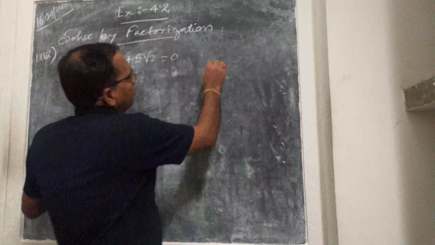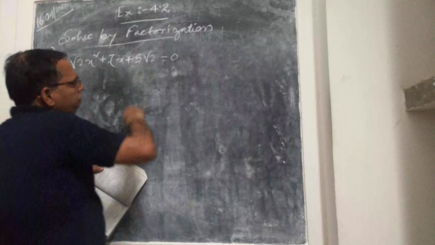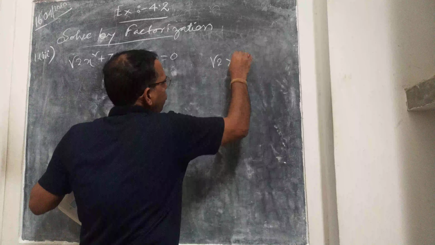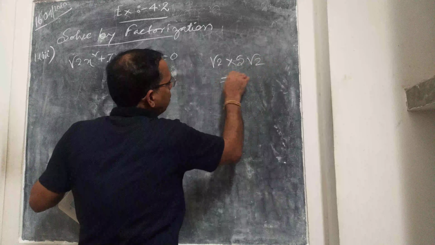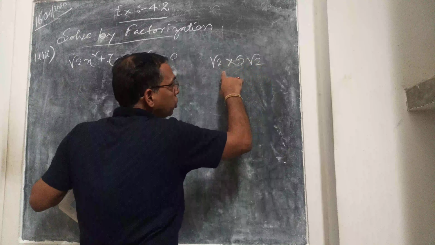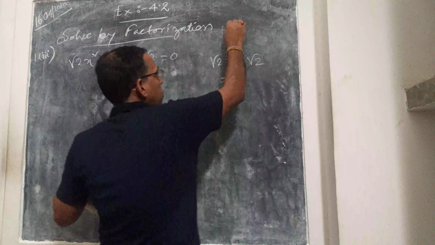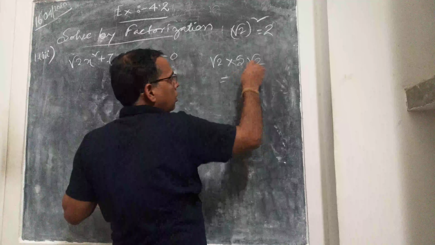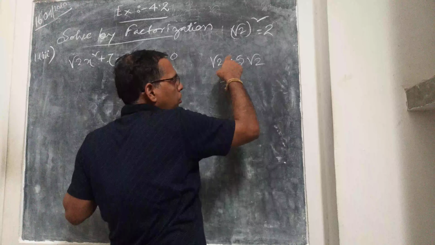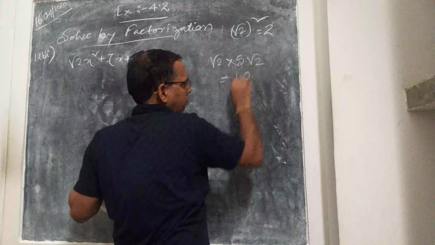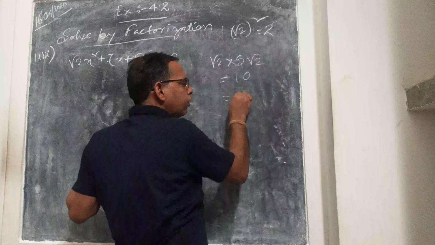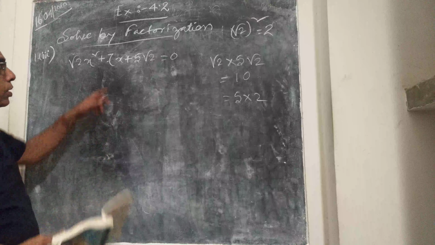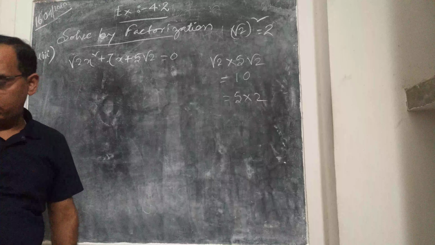Now you see, first of all you multiply these two. Root 2 into 5 root 2: root 2 into root 2, root 2 whole square, equals 2. So root 2 into 5 root 2 equals 10. That means 5 into 2. Clear? So 7 is 5 plus 2.